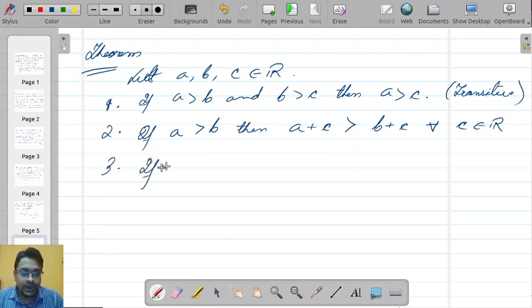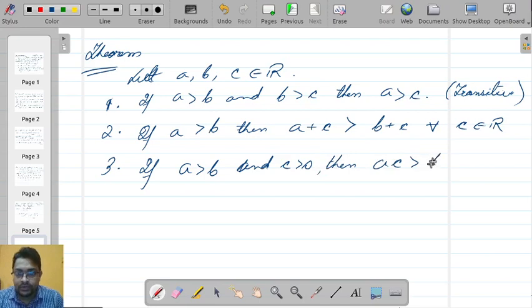Number three, if I multiply both sides by the number C, then there are two cases. If A is greater than B and C is greater than 0, then AC will be greater than BC.